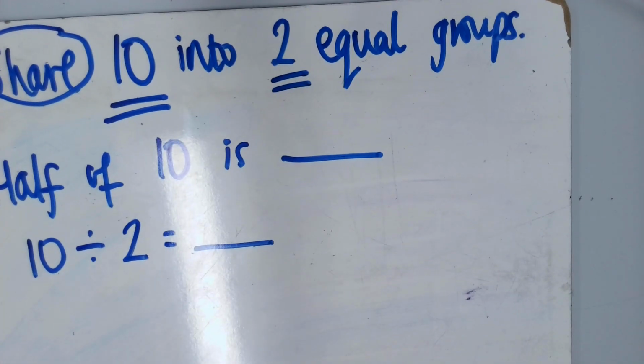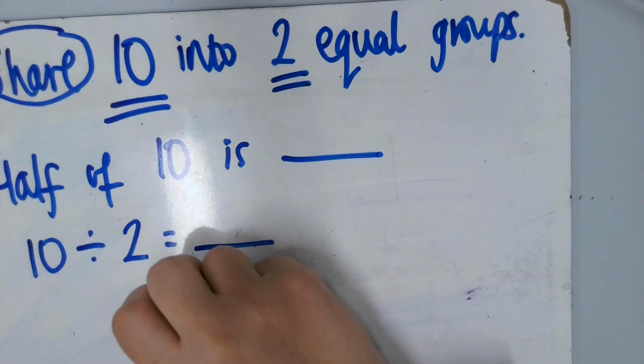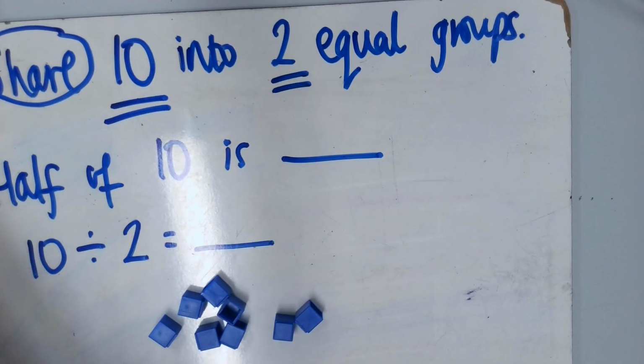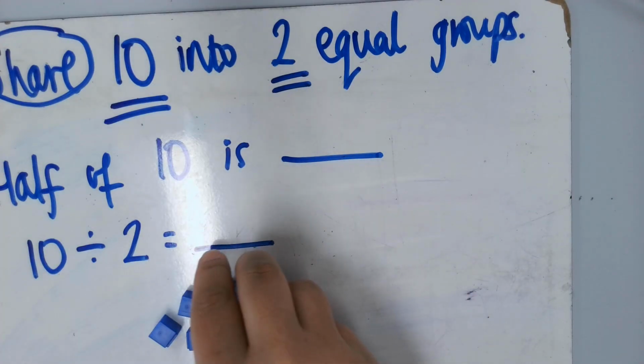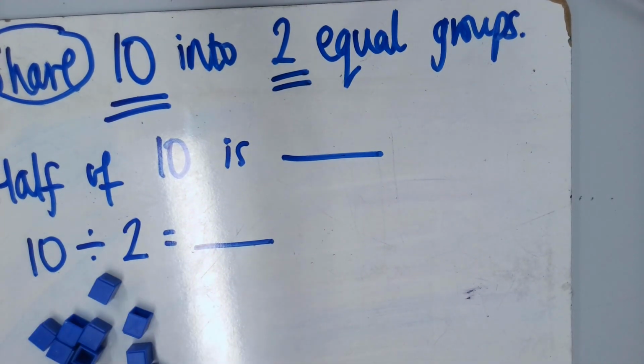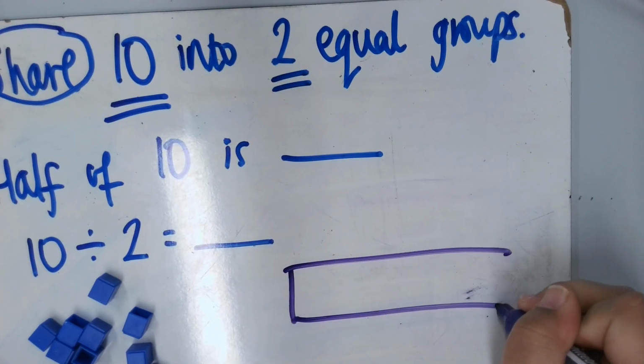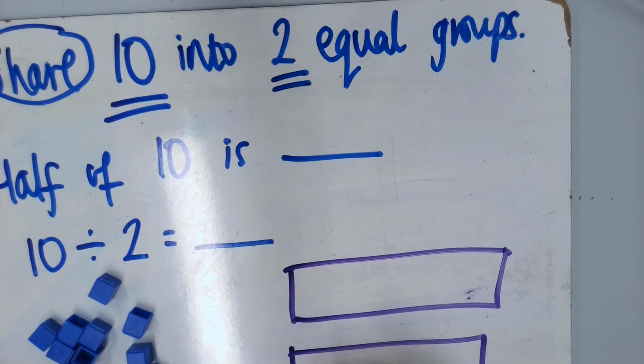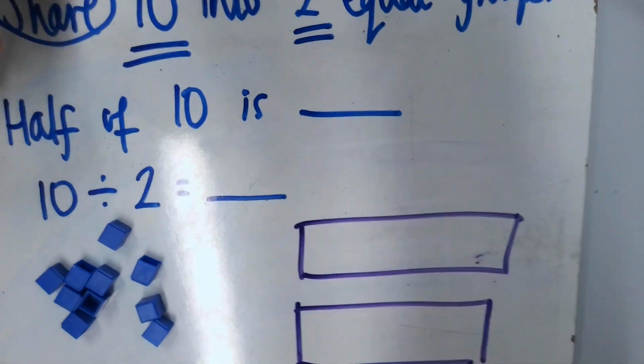I'm going to do this with my Deans. Let's get 10. So I've got 8 here and 2 more. That makes 10. Okay, 10 Deans. That's my whole. I'm going to draw out my two groups, 1 and 2. And let's go one by one to fill each group.